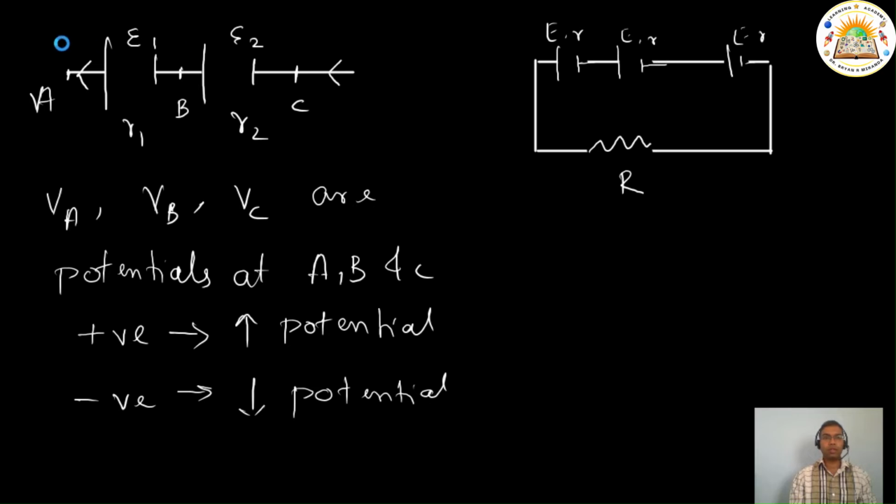So first let us look at VA. So VAB, potential between A and B, will be nothing but VA minus VB, which we can write in the following way, that is minus of E1 plus IR1. We can write this as E or epsilon, both are one and the same.